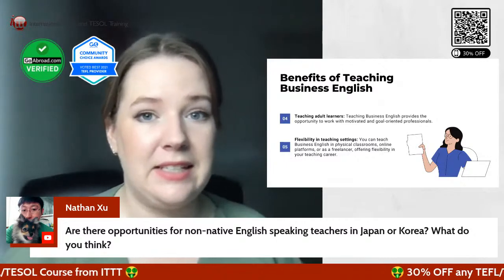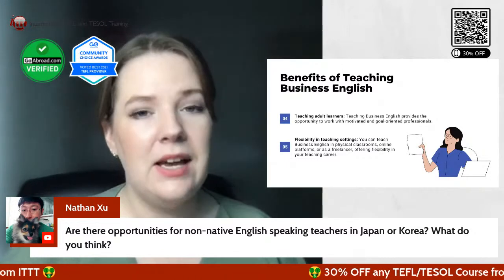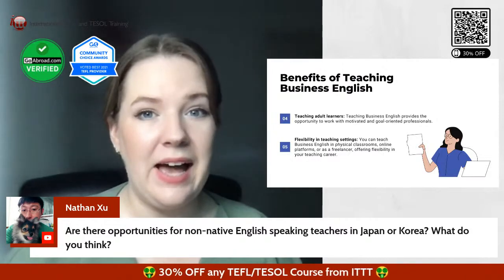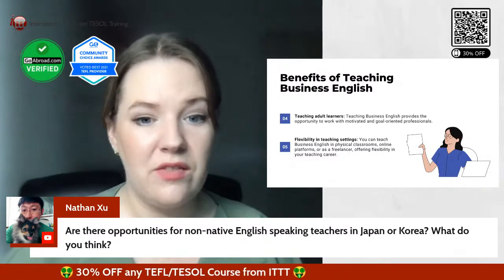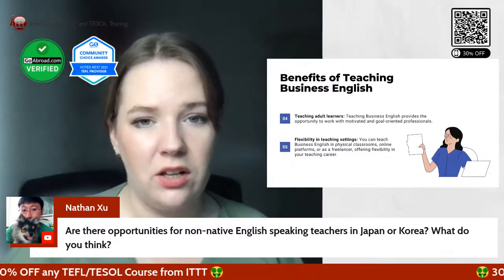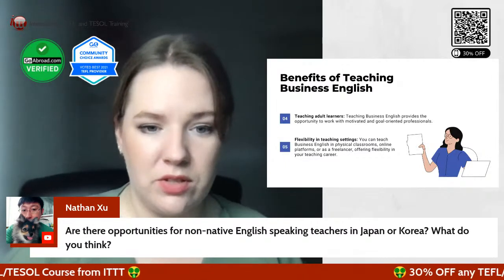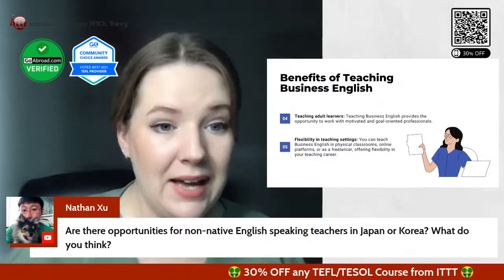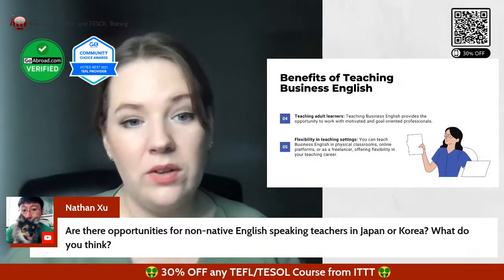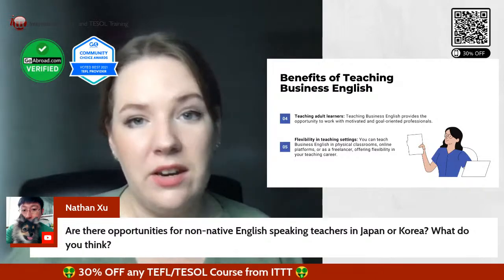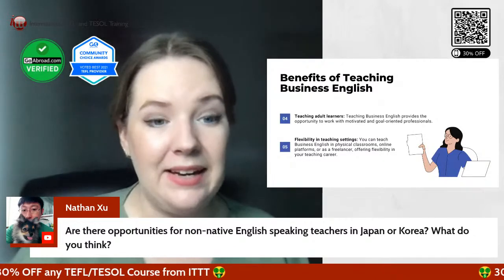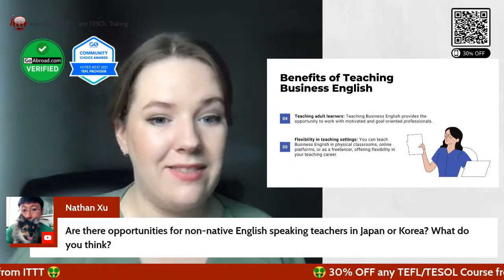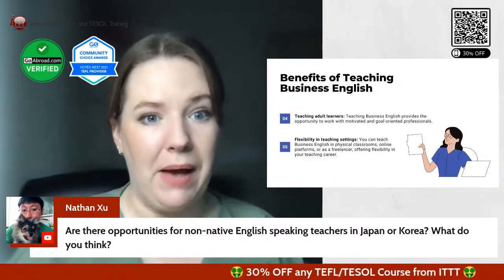And that is Canada, the United States, Ireland, UK, South Africa, Australia, and New Zealand. So those 7 countries, only if you're a national, if you have a passport from one of those countries, you can actually get this E2 teaching visa. Now, Japan, they don't have that. So there are actually a lot of non-native English teachers in Japan versus Korea. So in that regard, I think Japan would be a better bet.